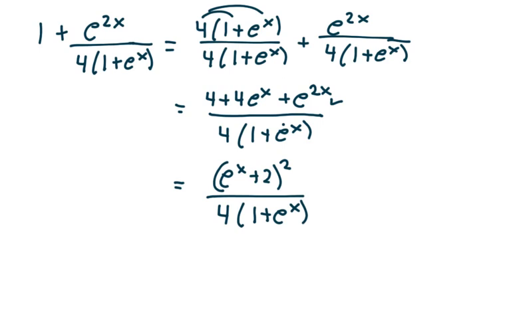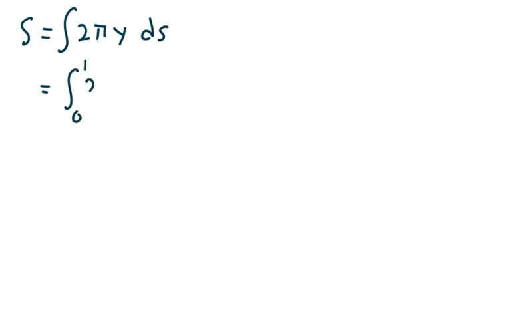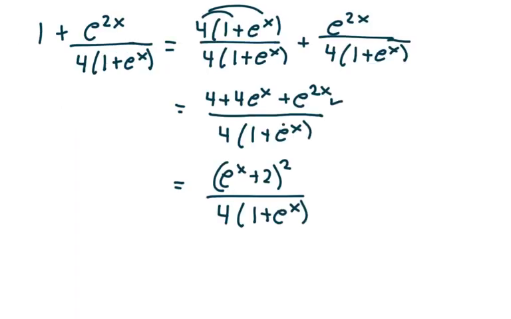Now I'm ready, because now S is the integral of 2 pi y ds. And so this is the integral from 0 to 1 of 2 pi y, which is square root of 1 plus e to the x. ds is going to be the square root of this mess.